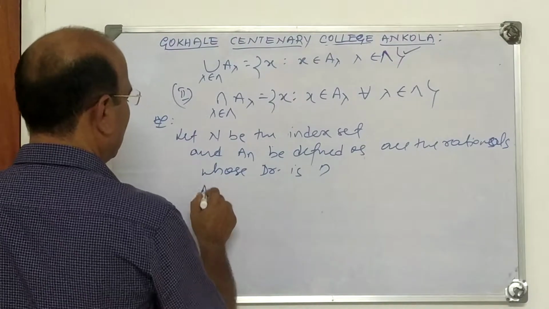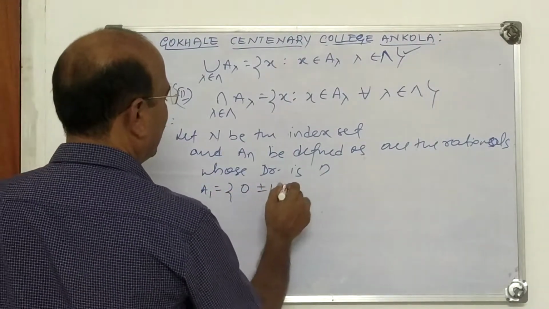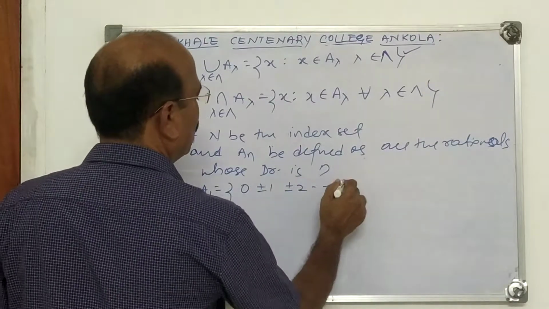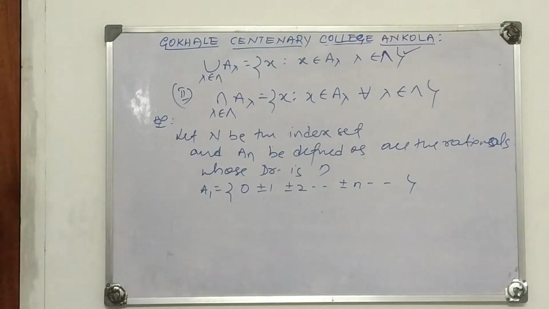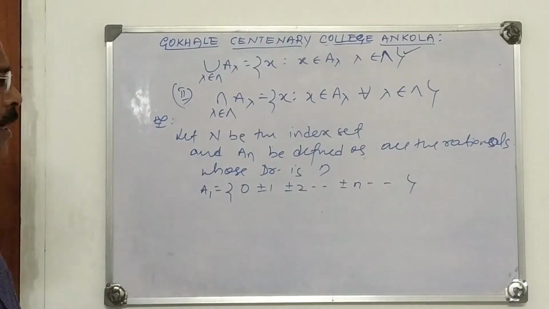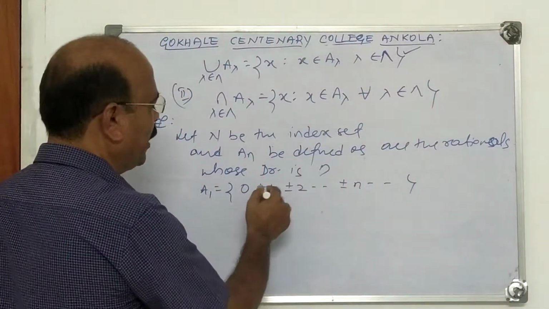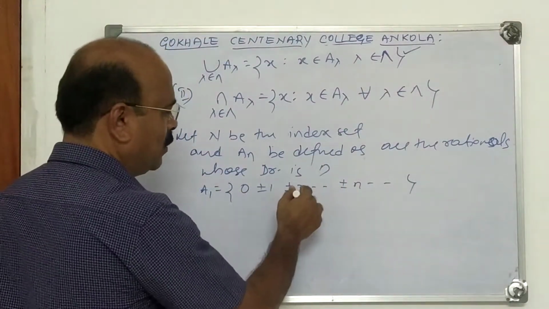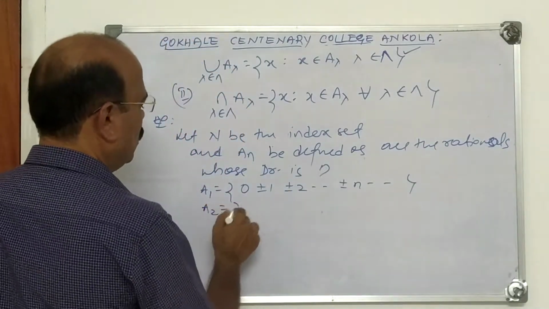Then what is A1? It is the set of all rational numbers with denominator 1: 0 by 1, plus or minus 1 by 1, plus or minus 2 by 1 and so on. What is A2?